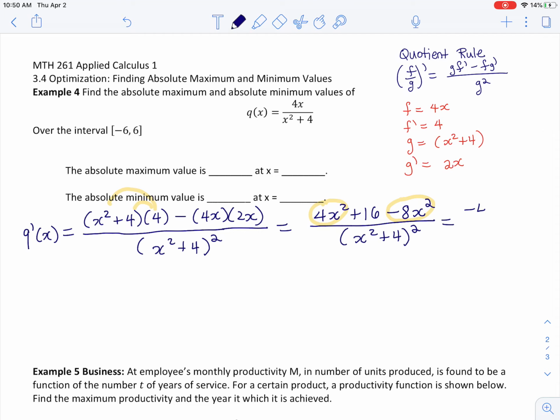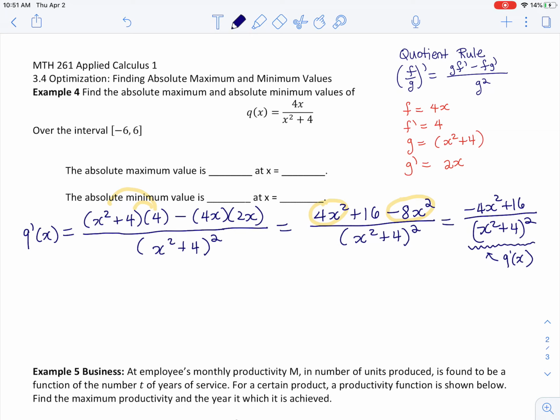Let's simplify this. I see there is a like term, 4x squared minus 8x squared. That will give me negative 4x squared plus 16 all over x squared plus 4 squared. Now we got the derivative. This is our q prime of x.